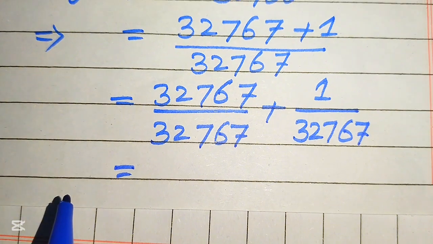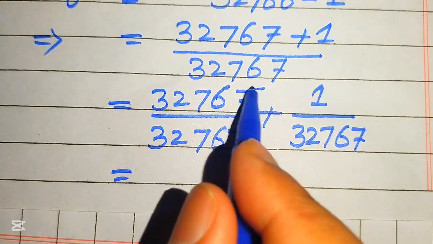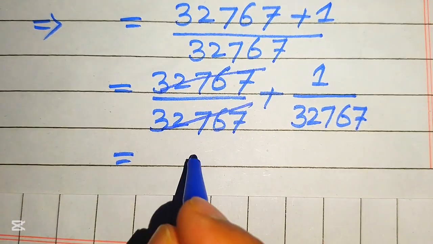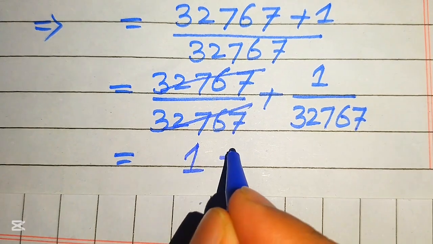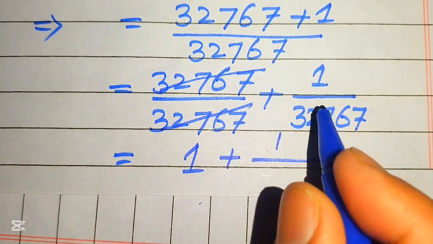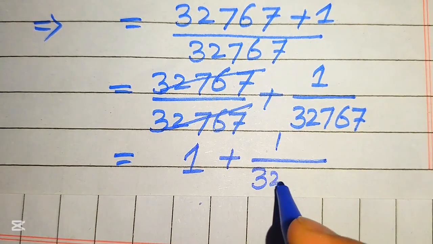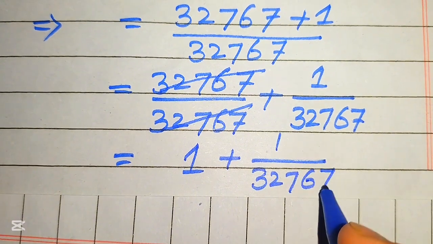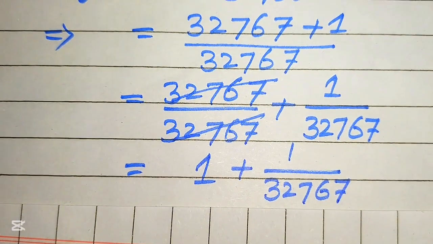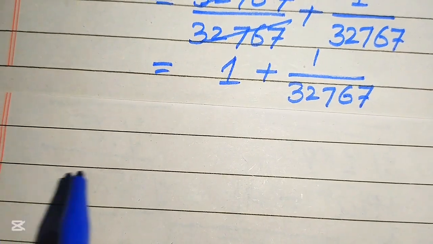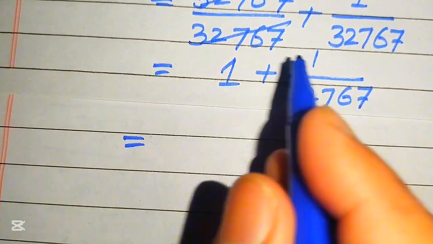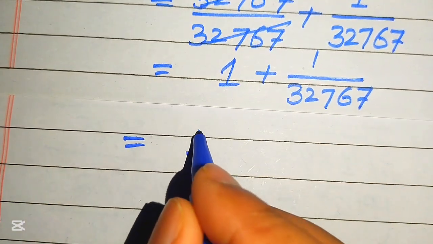Now we need some simplification. You see, this term is cancelled out by this term, and we get 1 plus 1 divided by 32,767. In the next step we write these two terms in combined form.